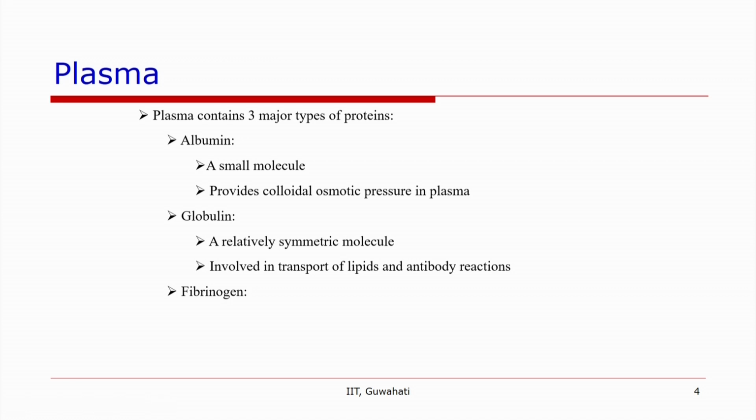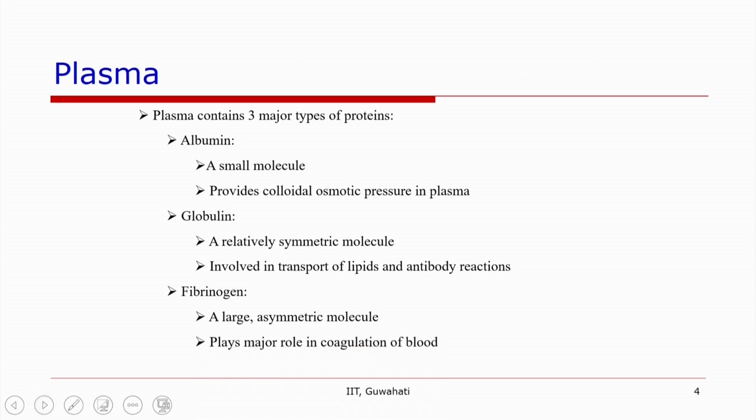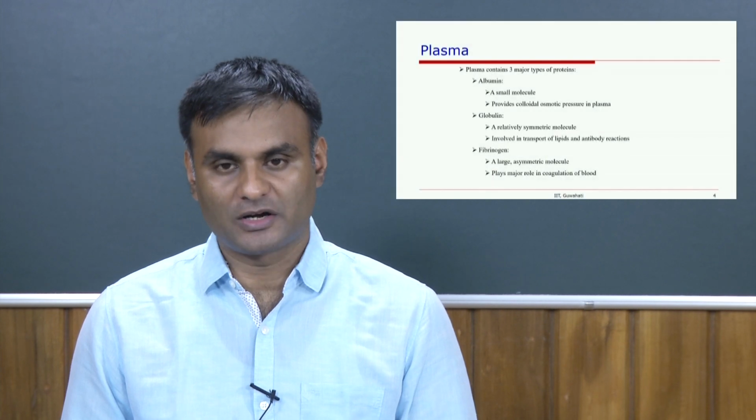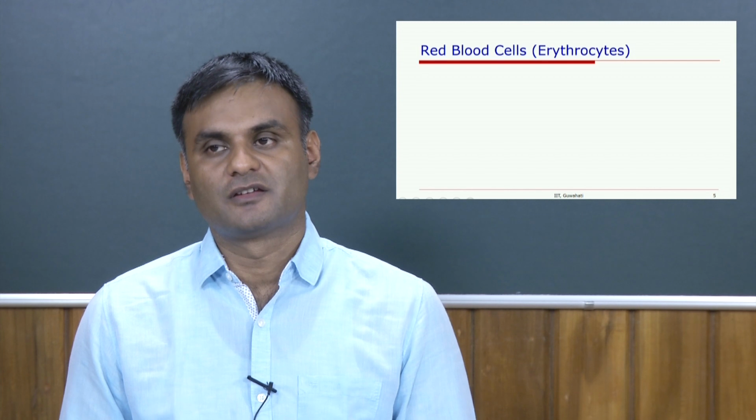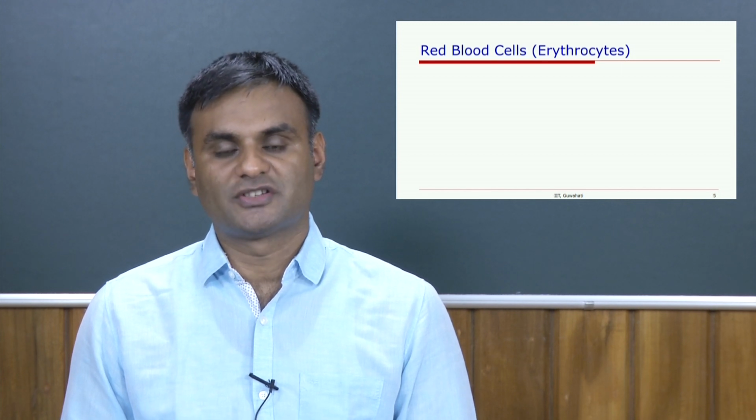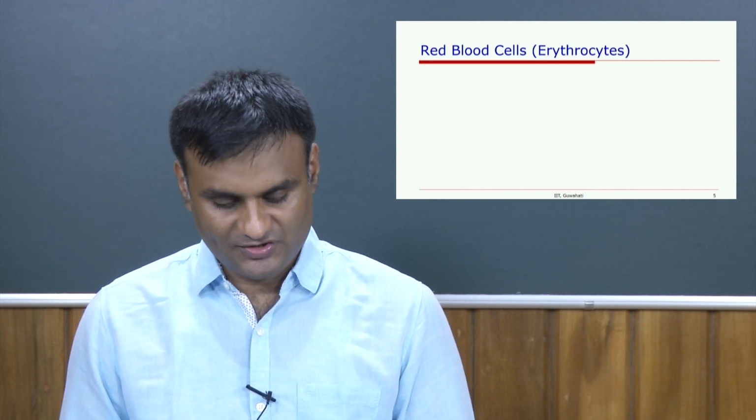The third protein is known as fibrinogen. It is a large asymmetric molecule and it plays a major role in the coagulation of blood or the thrombosis process. All of these also affect the viscosity of plasma to an extent.